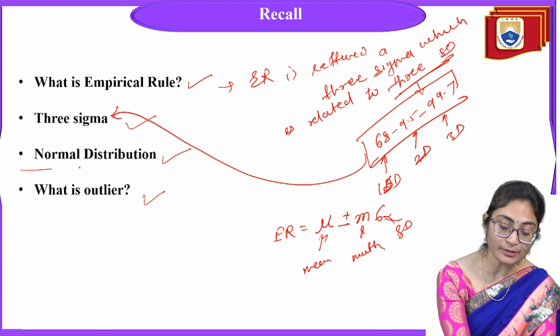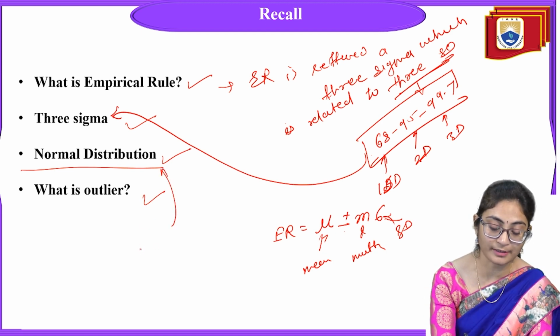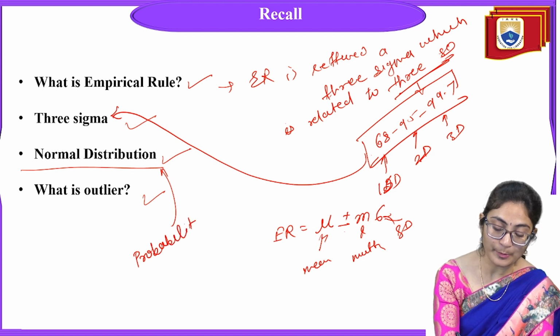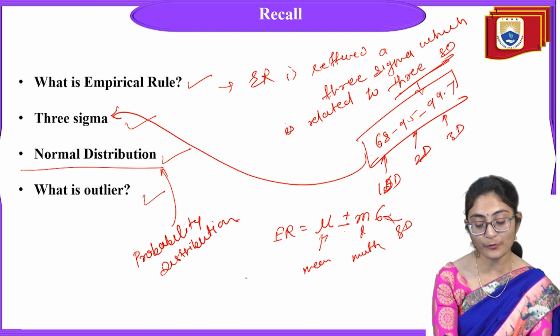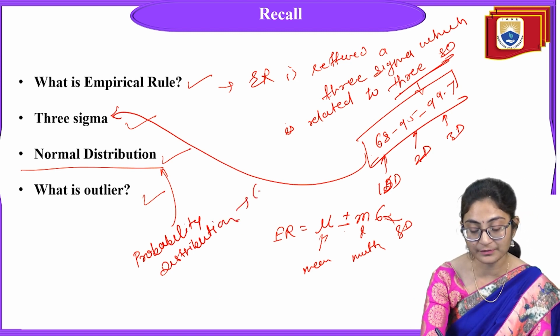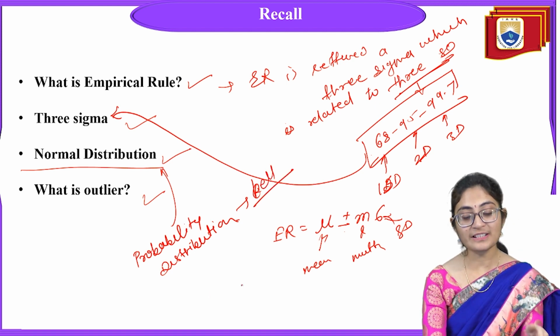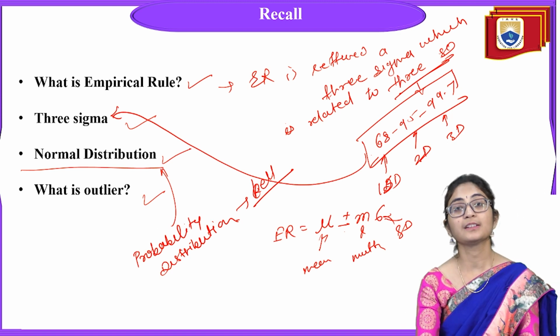Then we have seen that the normal distribution is totally related to probability distribution. This probability distribution we have shown in the form of a bell curve, in the shape of a bell.